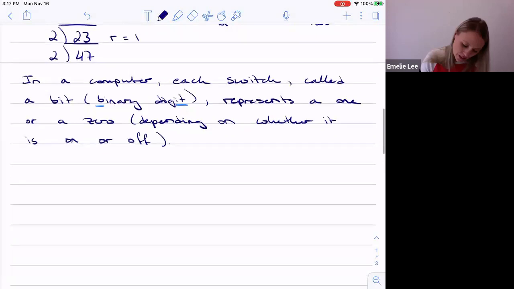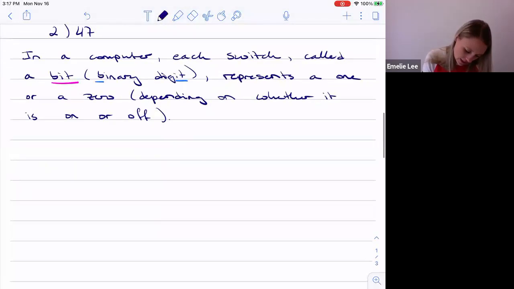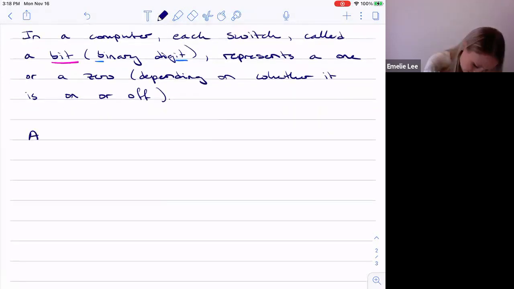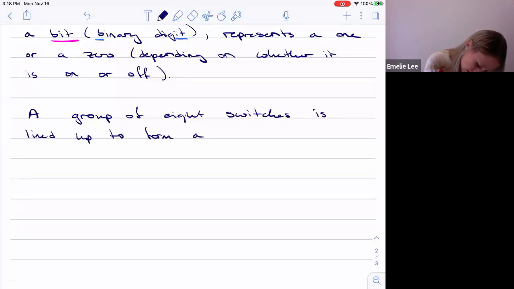Okay. So like I said, here's a bit. And then a group of 8 switches makes a byte. So a group of 8 switches is lined up to form a byte.